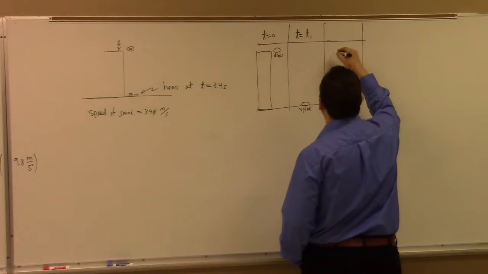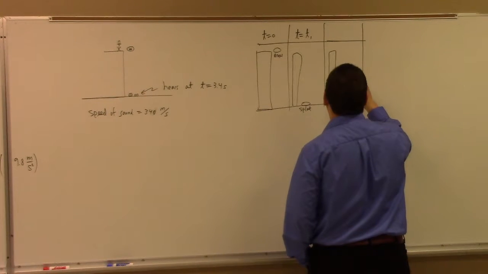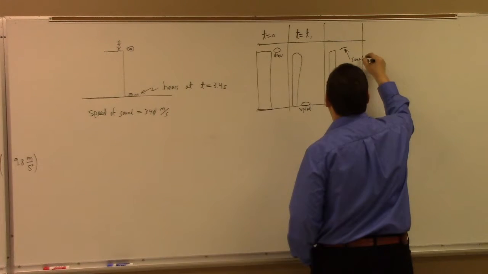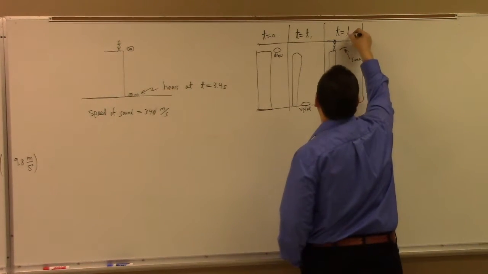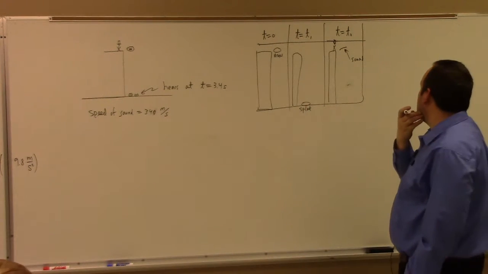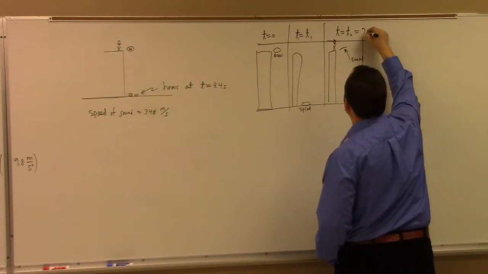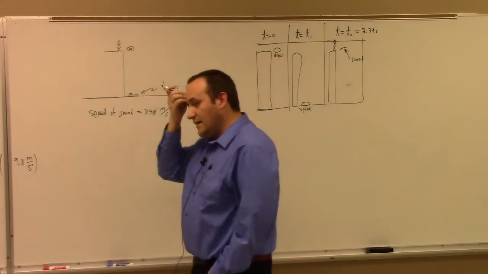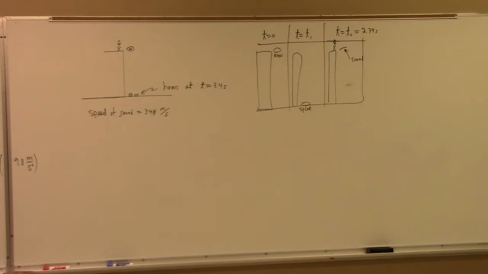And then finally the sound reaches back at t equals t2, right? So what we were given is that this t2 is what? We're given the total time it takes. We're not actually given the time that the watermelon hits the ground. That's unknown, right?